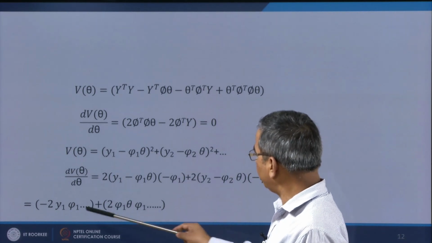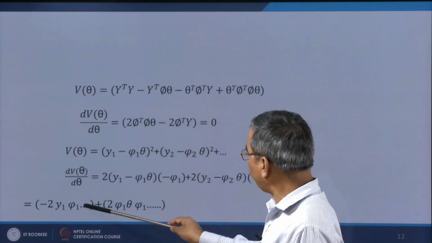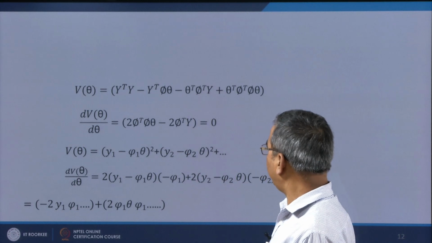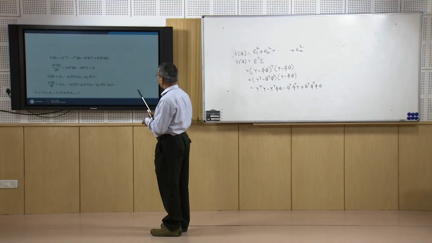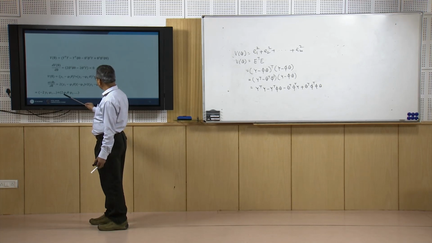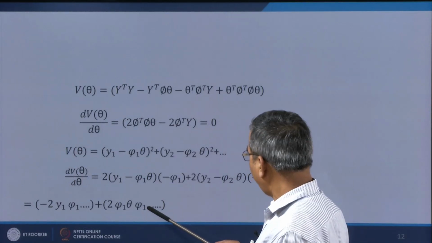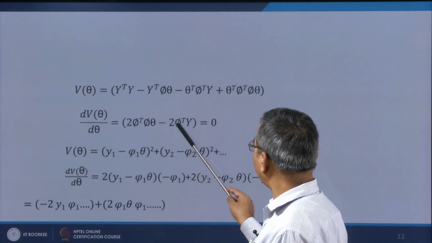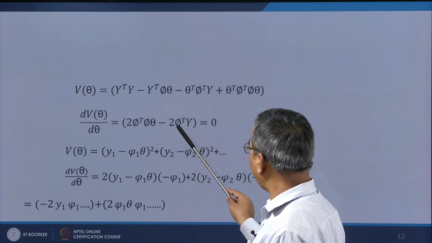So, this form is similar to what you have seen here. Okay. Here, as you can see, there is a term corresponding to phi and theta, so 2 phi and theta, and here is a term corresponding to 2 y and phi.